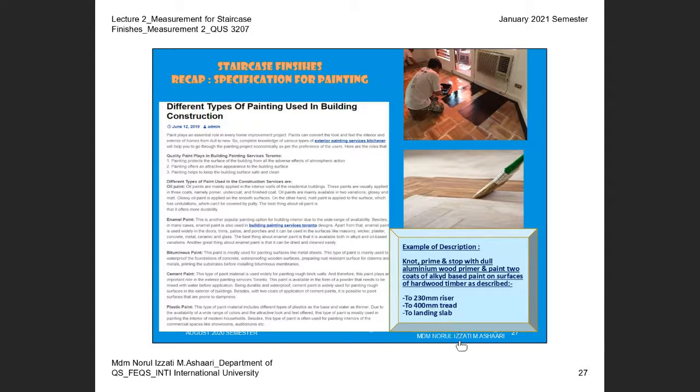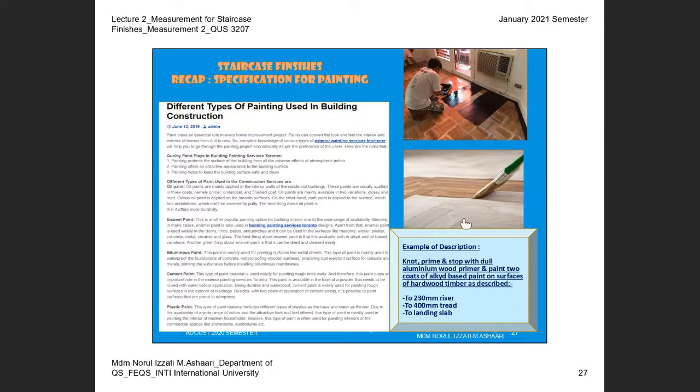I highlighted this one only for the finishes that are made from timber. So what kind of timber? It can be hardwood flooring, it can be the oil base, it can be for the parquet. Okay, sometimes they use melamine that requires the final finishes.